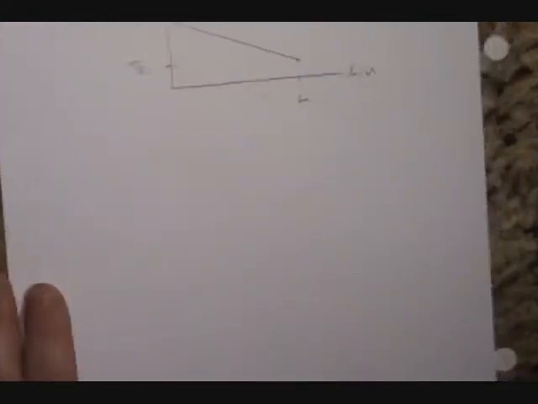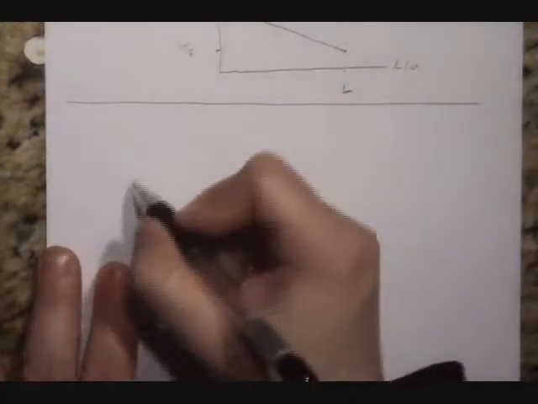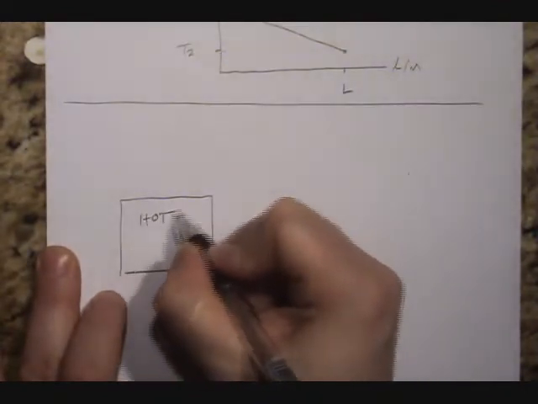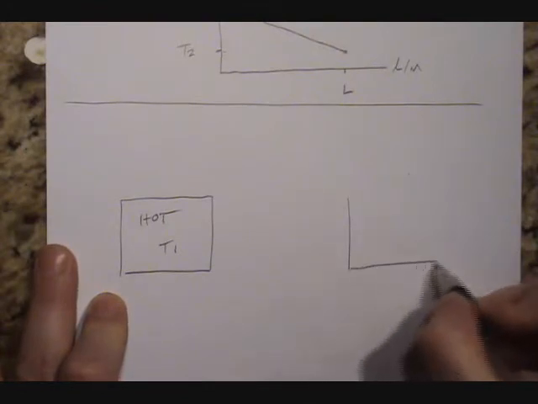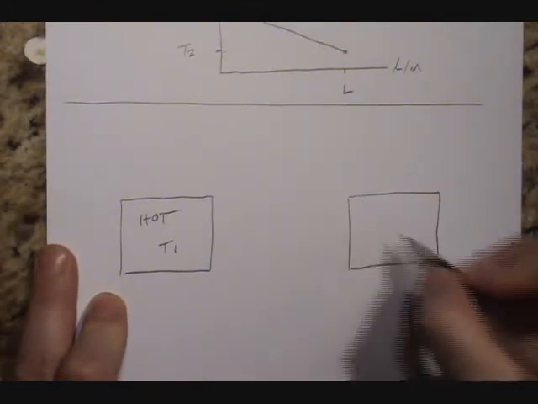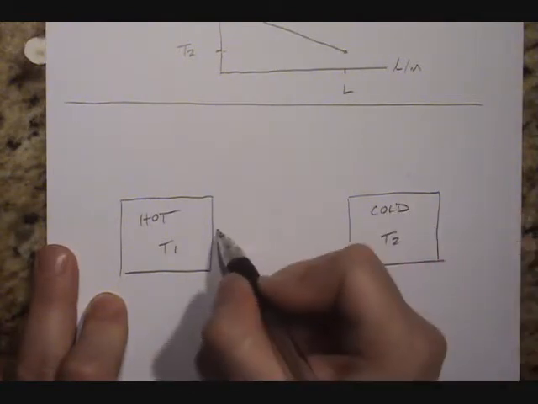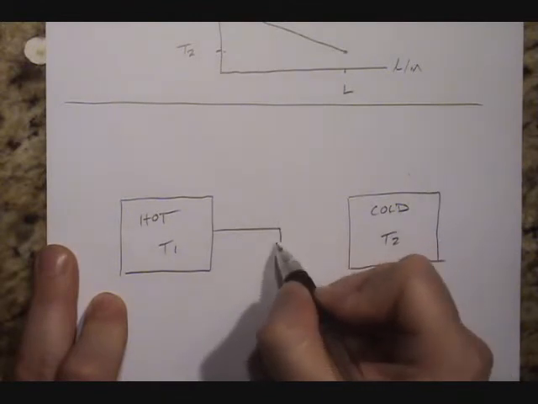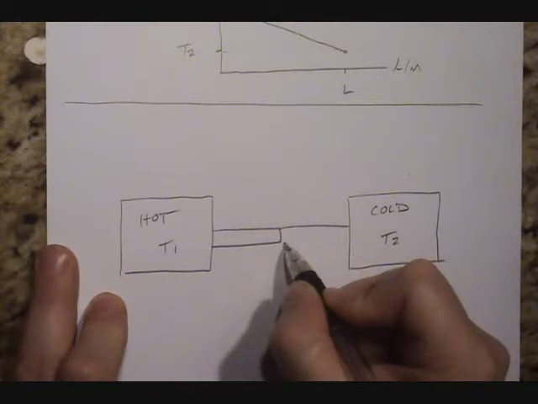Now, one of the questions would be, what would it look like? So let's take as an example the same hot reservoir at temperature 1 and the same cold reservoir at temperature 2, but this time we're going to connect them with two rods that are equal in length.